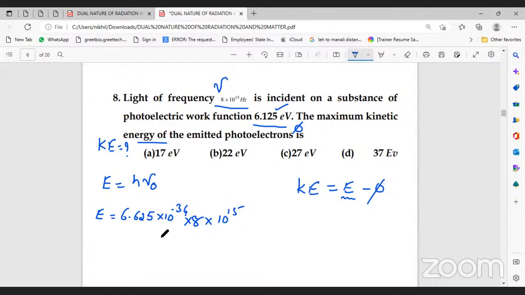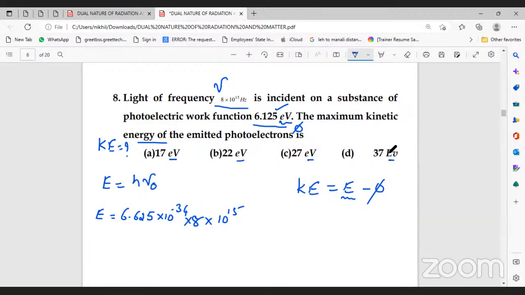If I calculate this as it is, I will get the unit of energy in terms of joule. But I want this in electron volt because work function is expressed in electron volt, and the options are also in electron volt.